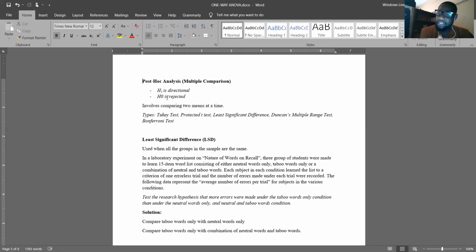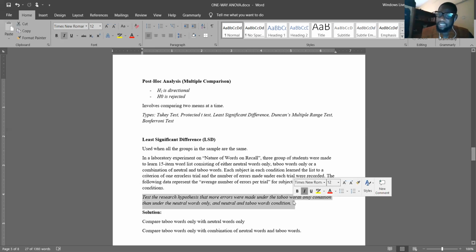And when you check the question, they posed the hypothesis in a directional form because they indicated that one group would commit more errors than the other groups, which is a typical directional hypothesis. Hence, we are supposed to do further analysis, that's post-hoc analysis.